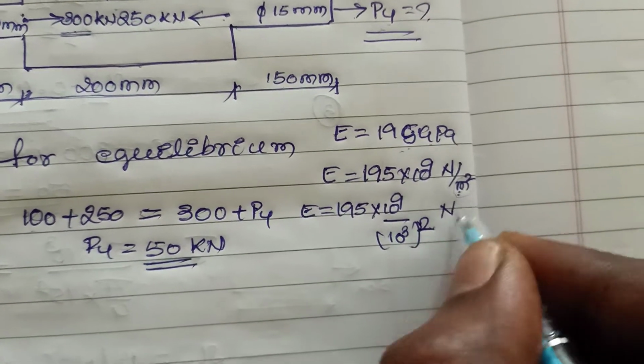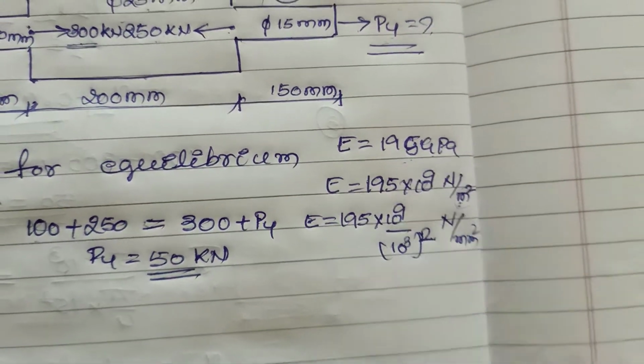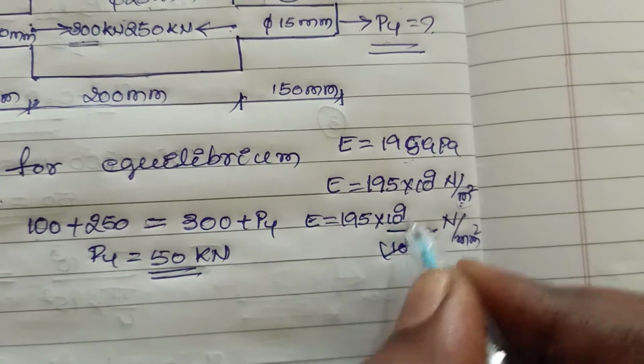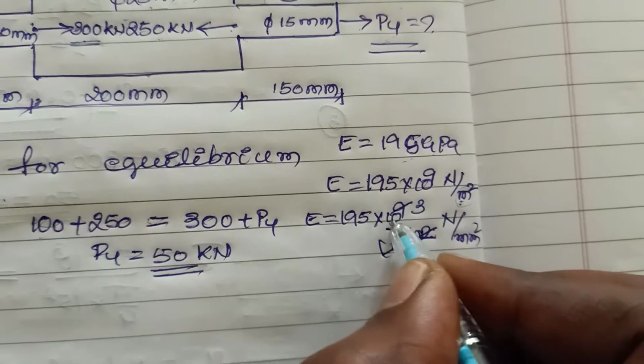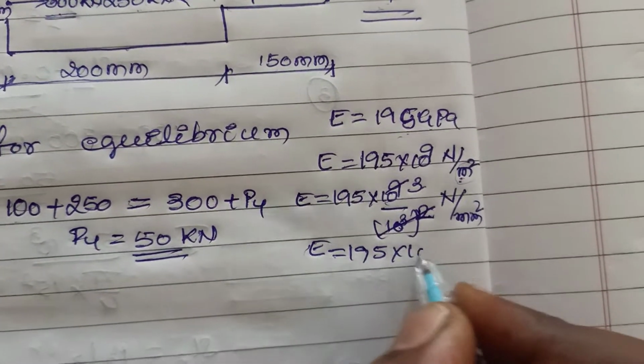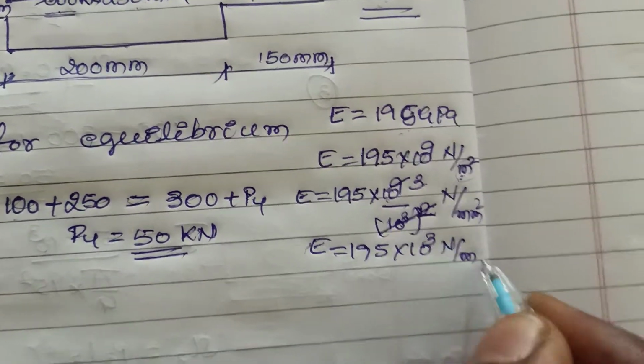Once I have done that, it converts into Newton per mm square. Totally 10 raised to 6 here, so 10 raised to 9 divided by 10 raised to 6 leaves 10 raised to 3. That is E equal to 195 into 10 raised to 3 Newton per mm square.